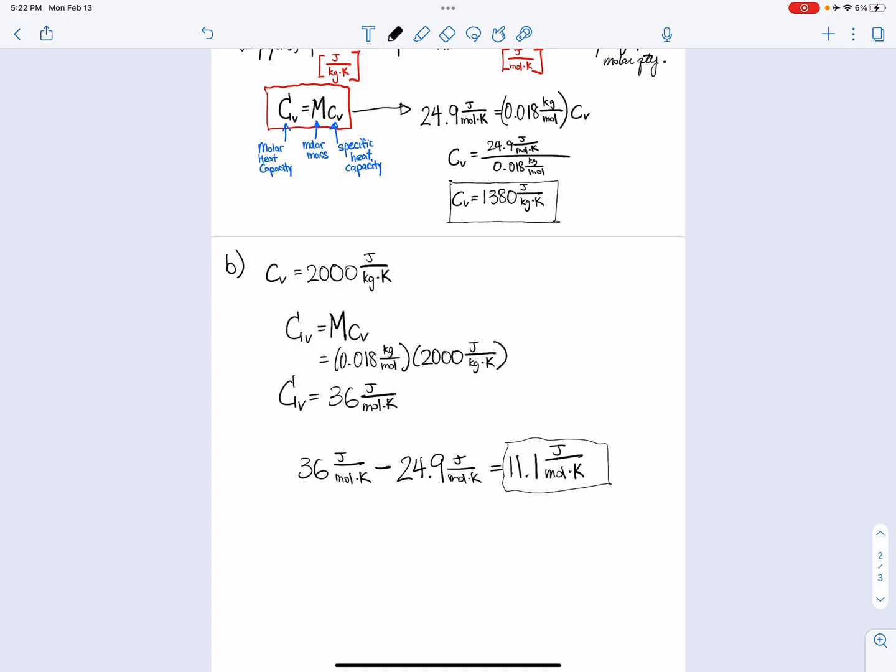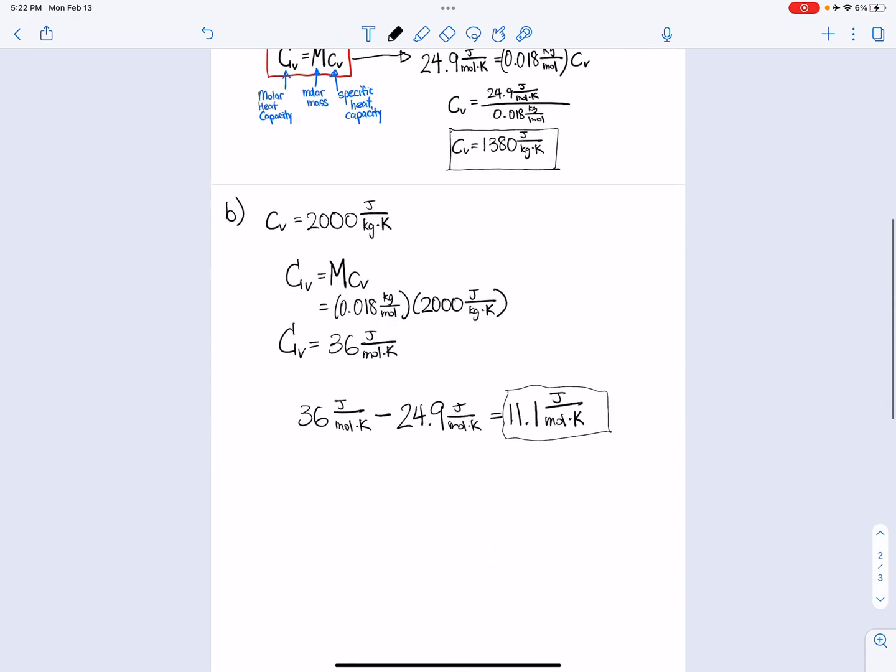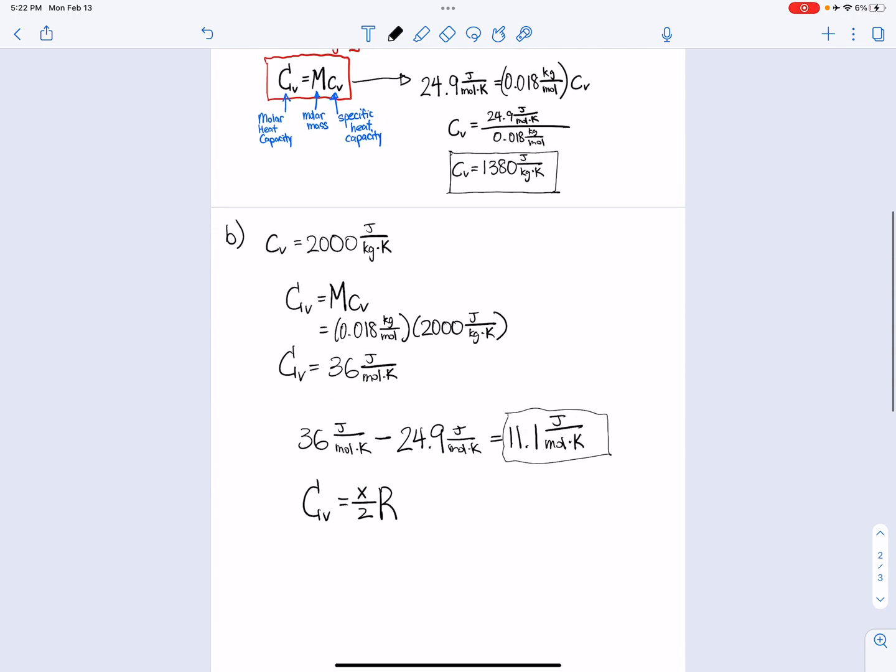Molar heat capacity is equal to x over 2 times R, where x is what we're looking for, the degrees of freedom.